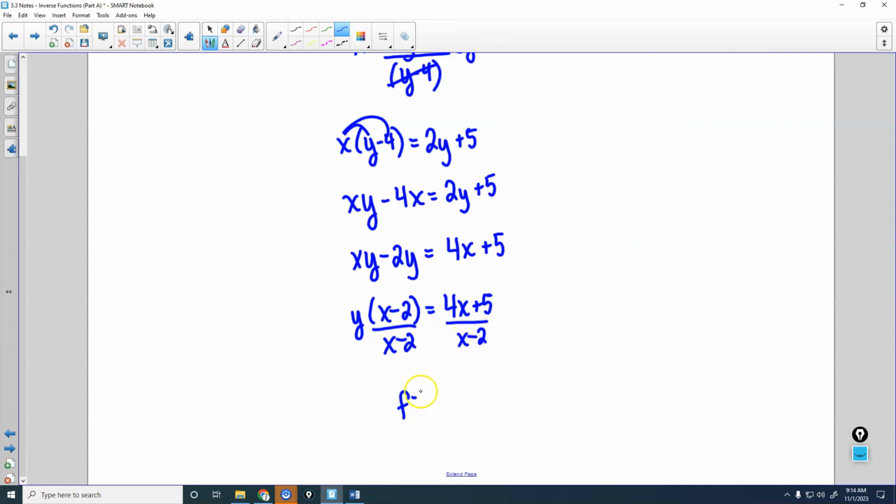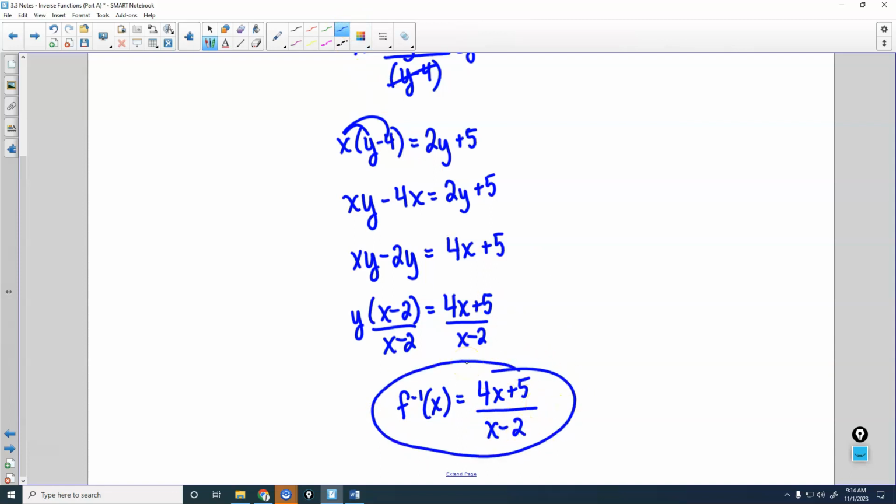So f inverse of x here, was it an f? Yeah. Is going to be 4x plus 5 over x minus 2. Okay. Questions?